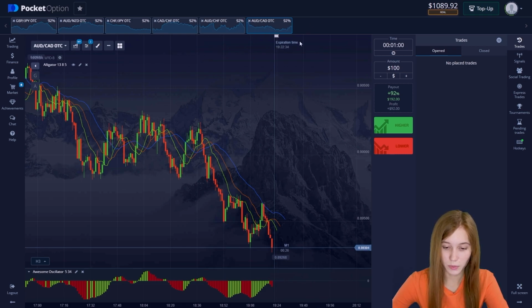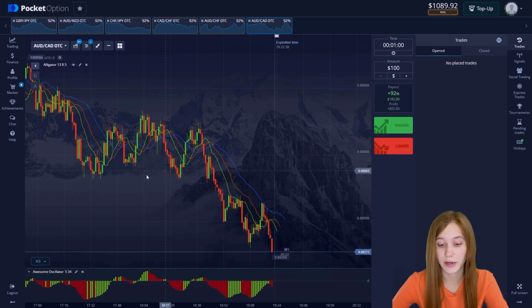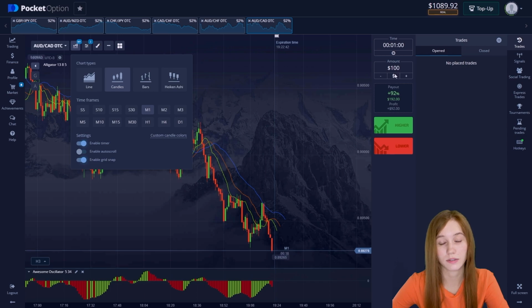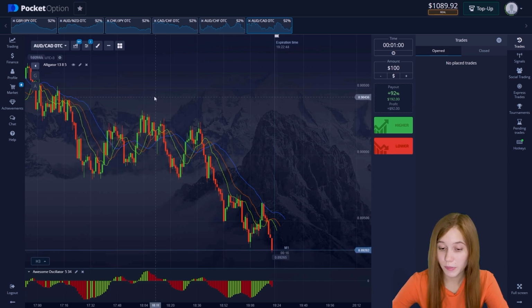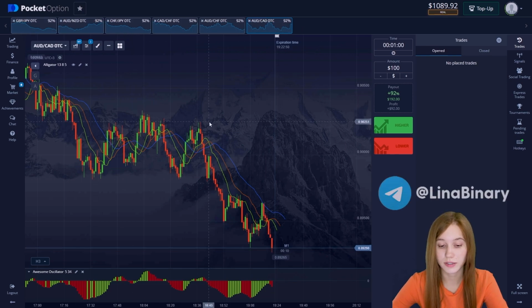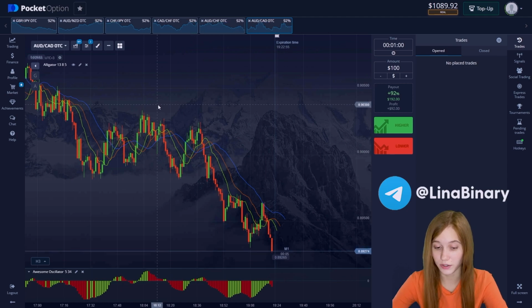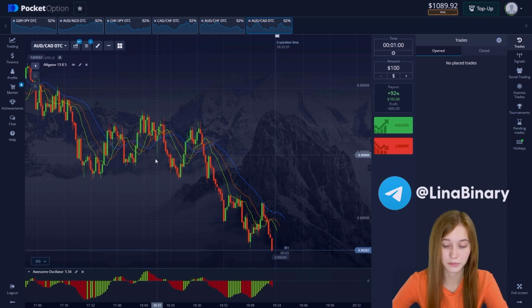So next, what we see, it was a 1 minute time frame, 1 minute deal. So we used the ConsiPass. Our payout percentage is 90%, and we used our technical analysis and two indicators, Alligator and Oscillator.